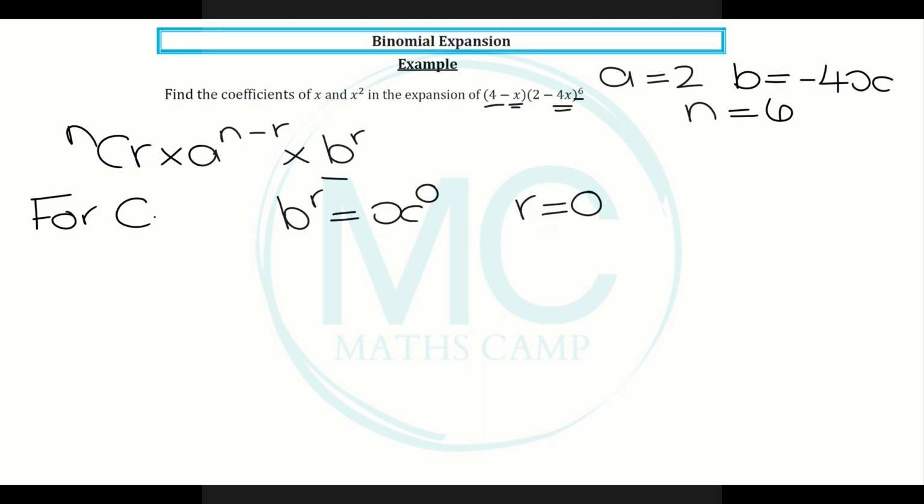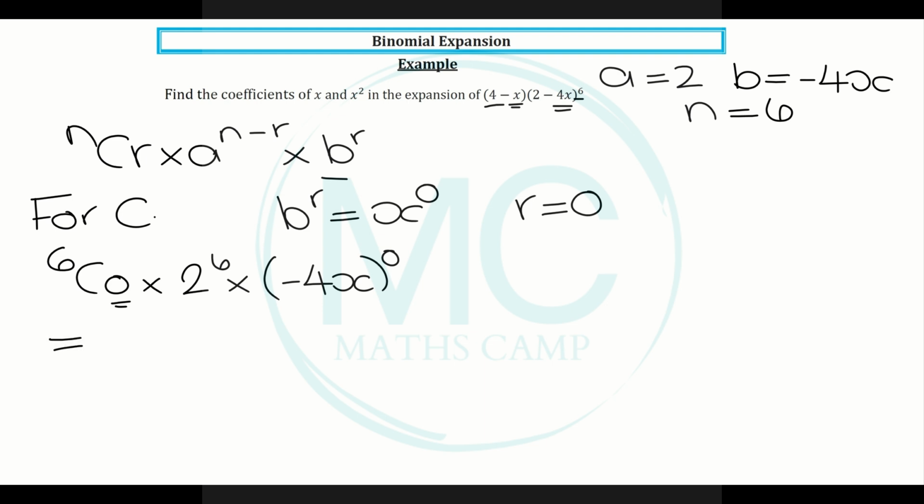Now we can fill our values into the formula. N is 6, so this becomes 6c0 multiplied by a is 2, this becomes 2 with an exponent of 6 minus 0, which is 6, multiplied by negative 4x with an exponent of 0. When working with NCR, if r is 0, NCR will be 1.